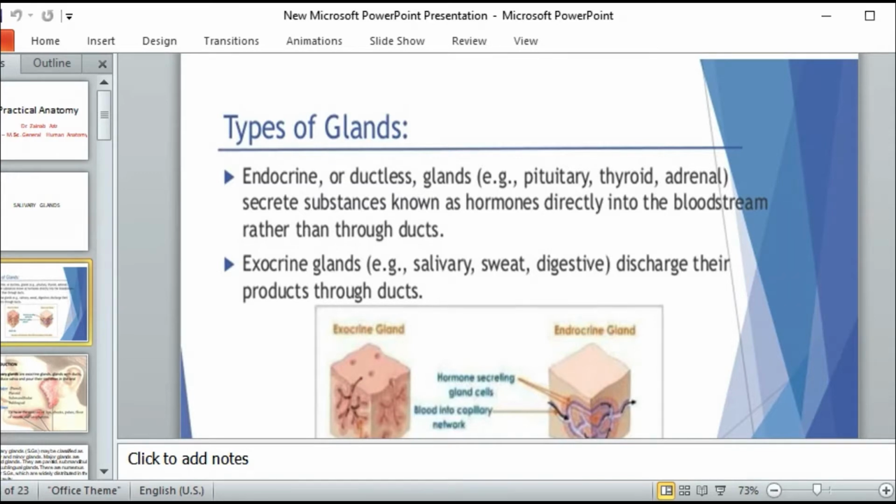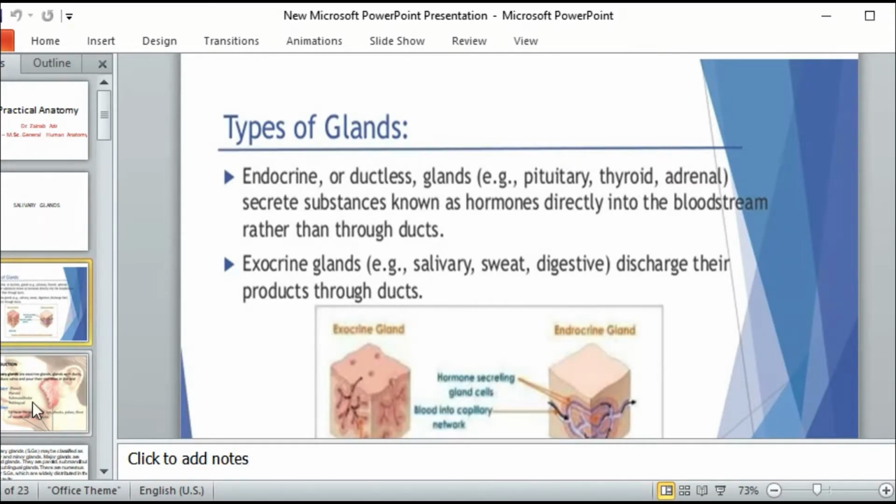So the endocrine or ductless glands, like pituitary, thyroid, adrenal, secrete substances known as hormones directly into the bloodstream rather than through ducts. Exocrine glands like salivary, sweat, and digestive glands discharge their product through the duct.